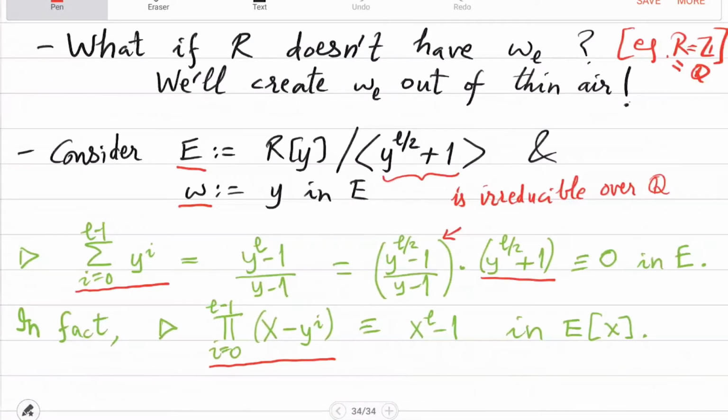So the idea is that in the case when R doesn't have omega, we introduce this y and then work in the extension. But when you work in the extension, the polynomial evaluation f of y times g of y is no more an R operation, it's an E operation. E is a ring that you have created above R that itself has dimension L by 2, so around L. So now you have to take care of this multiplication.